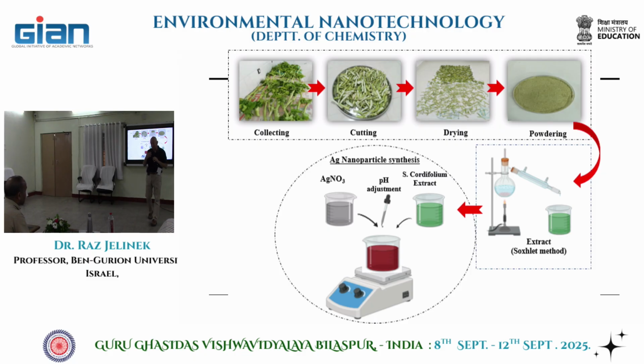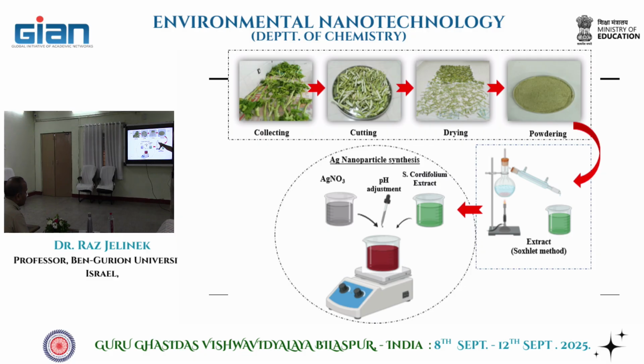Usually what people do after they make this reaction, they purify. They take the silver nanoparticles, they precipitate them, and they throw away everything else. But if you want polyphenols and all the other things, you can mix them together with the silver nanoparticles and then use it if you want.